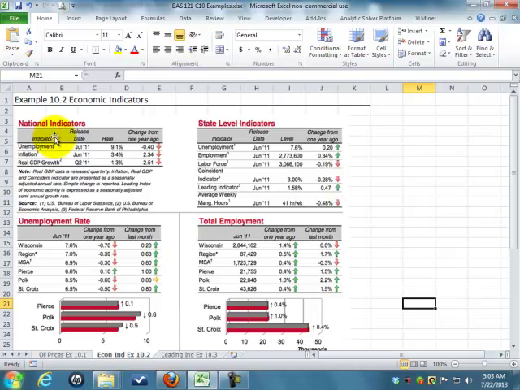But this also comes into a little bit about data visualization, which we learned in BAS 120. This is called a dashboard here, where they give us some national indicators on unemployment, some state indicators, some employment rates, and generally dashboards tend to be useful because they convey a lot of information very quickly.